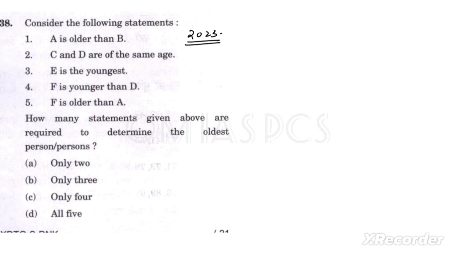Just follow this and I guarantee you will solve the questions and get the answer easily. Here 5 statements are given, and how many statements given above are required to determine the oldest person or persons.